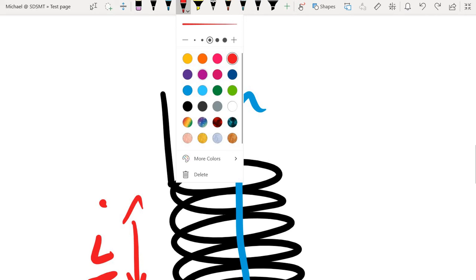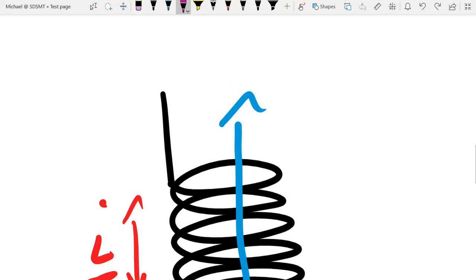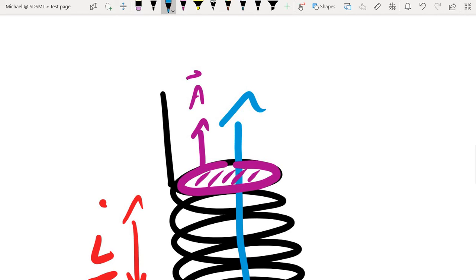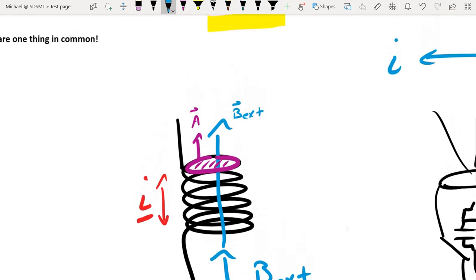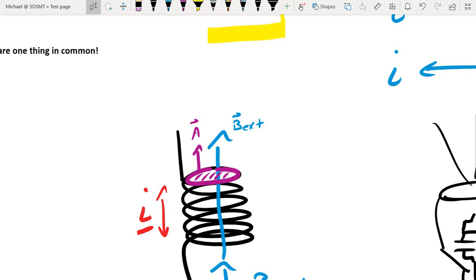Let's take some purple. There is a cross-sectional area associated with the coil, and we can relate that to an area vector. And as our external magnetic field passes through the coil, there is an angle relationship between our magnetic field vector and the area vector of that coil.